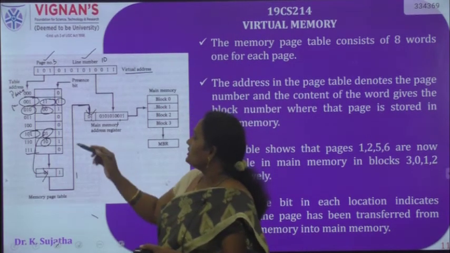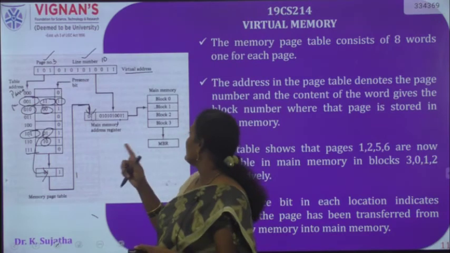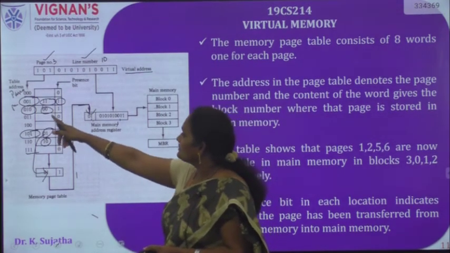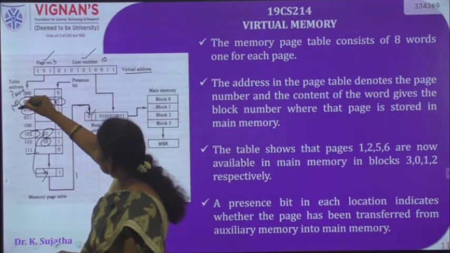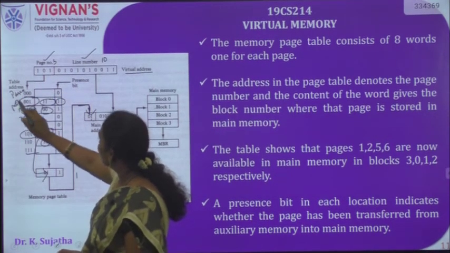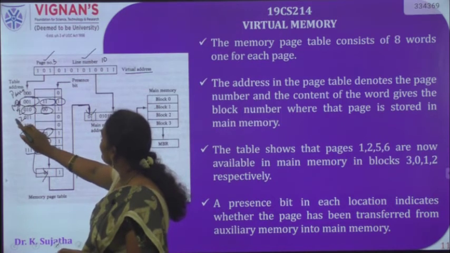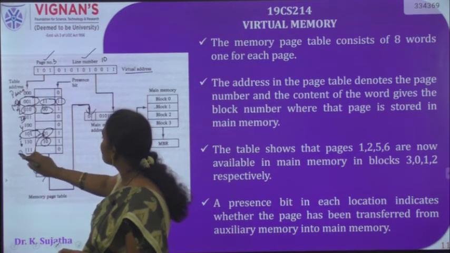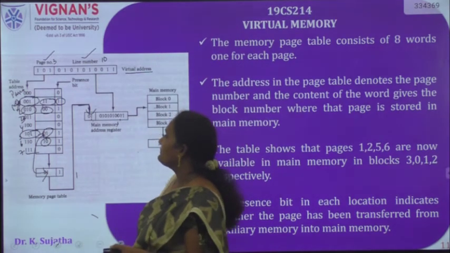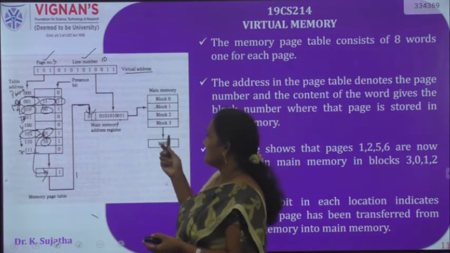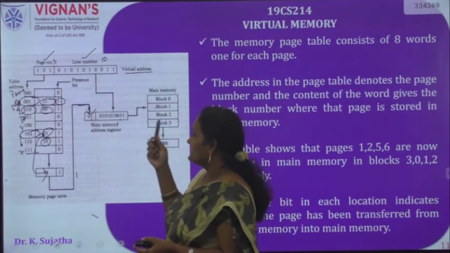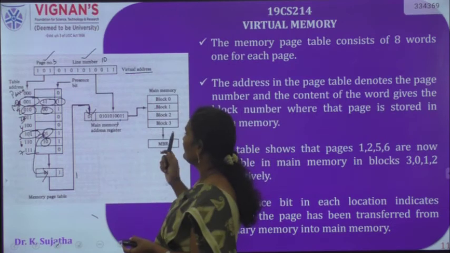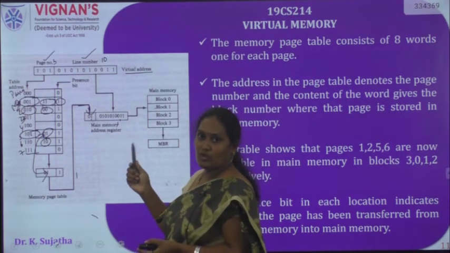So, here I want to map page 1 to block 3. Here this is page 0, page 1, page 2, 0, 1, 2, 3, 4, 5, 6, 7. So, I want to map page 1 to block 3, page 2 to block 0, page 5 to block 1, page 6 to block 2.